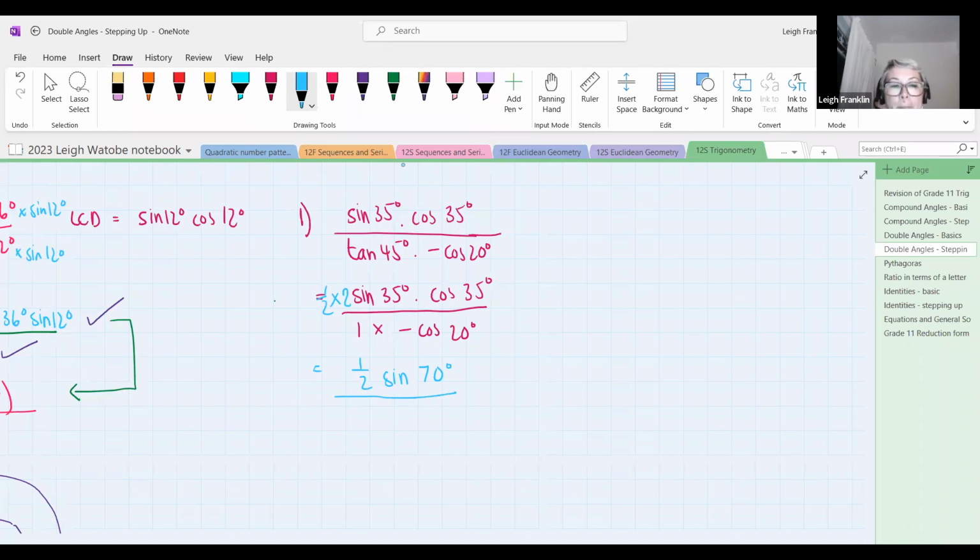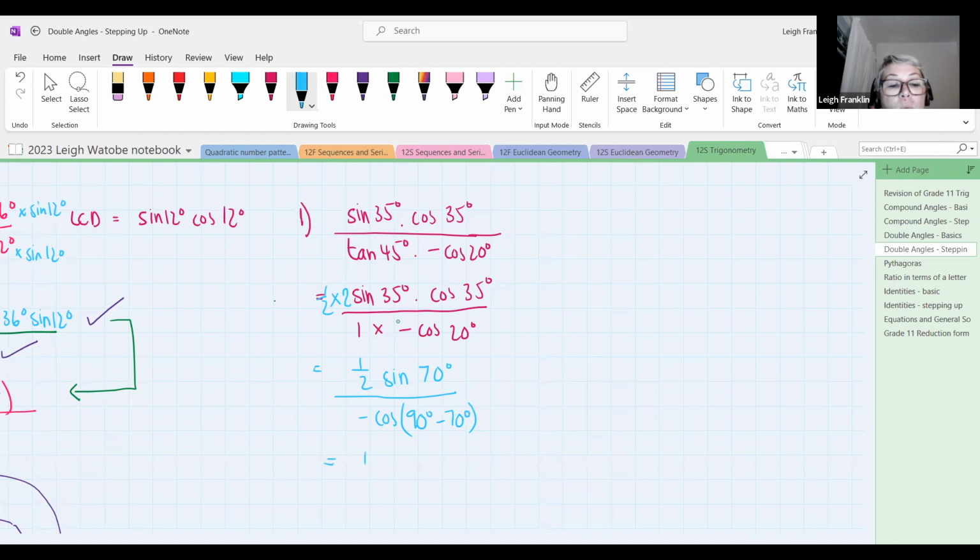Over 1 times negative cos 70, 90 minus 20. Okay, right. So then here you said 90 minus 20. And then I had 1 over 2 sine 70 all over negative sine 70. So hold on, 20 is 90 minus 70, sorry.